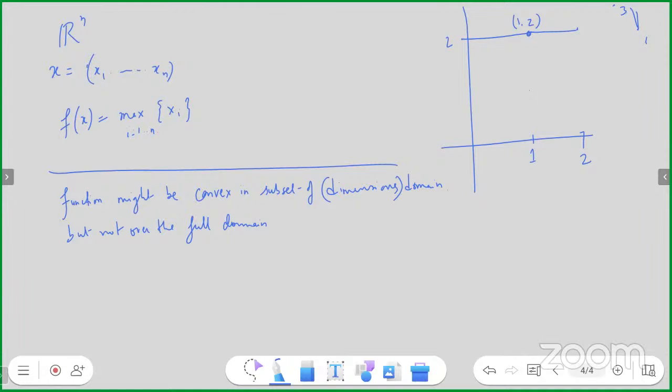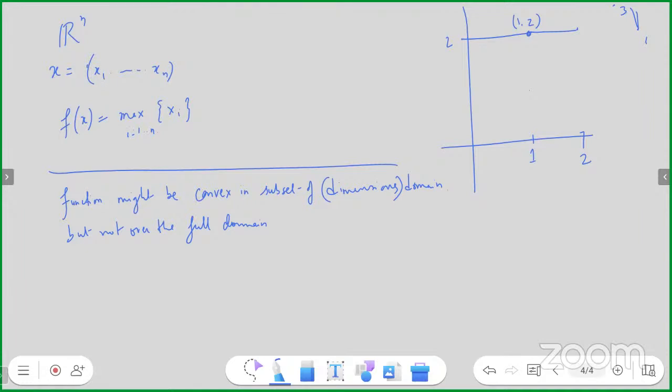Define a point to be x comma y. Is there a function which, if you fix a y, is convex in x, and if you fix an x, is convex in y, but simultaneously is not convex in x and y together? It's called jointly convex.